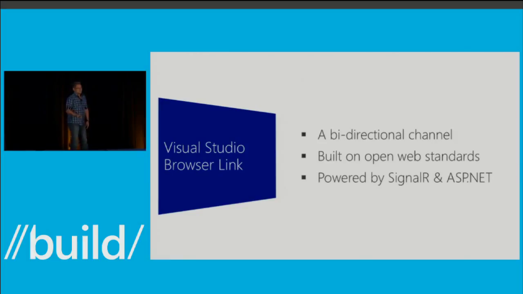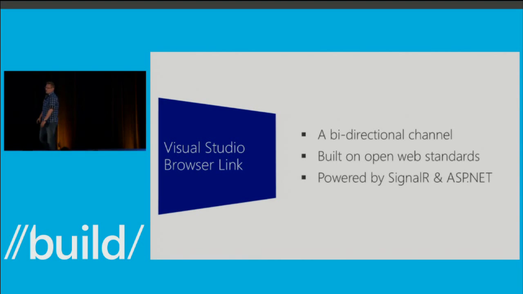What actually happens is that Visual Studio hosts a WebSocket endpoint that is accessible from all your browsers on your dev box, and that creates an open tunnel of communication. Whatever we do in the browsers can be relayed back to Visual Studio, and vice versa. This opens up some really cool scenarios.